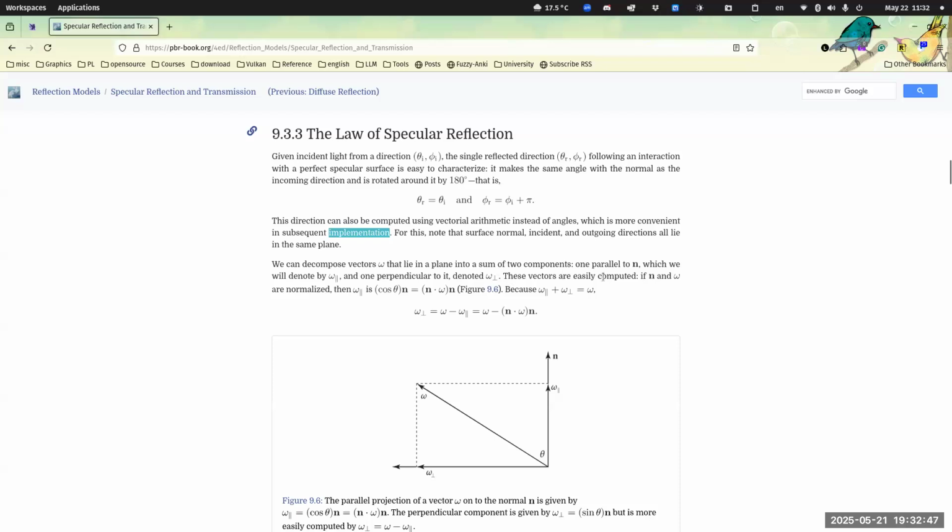Those vectors are easily computed because n and omega are normalized. The parallel component is cosine theta times n, which is just the normal vector dotted with omega, and then times the normal vector.